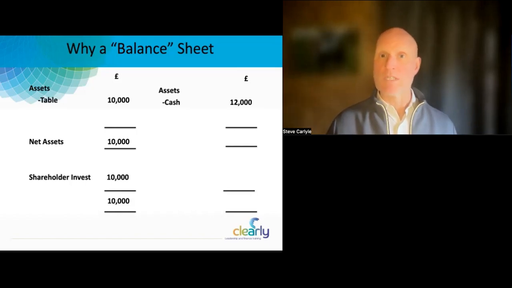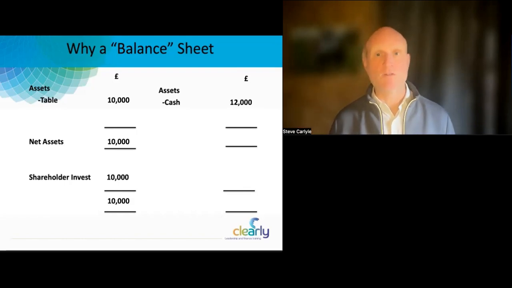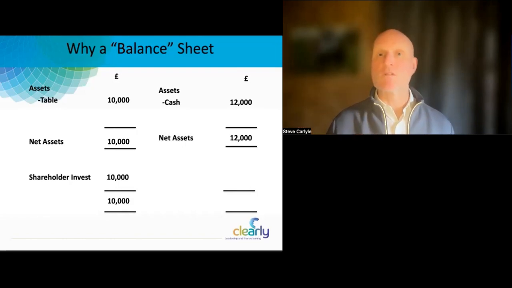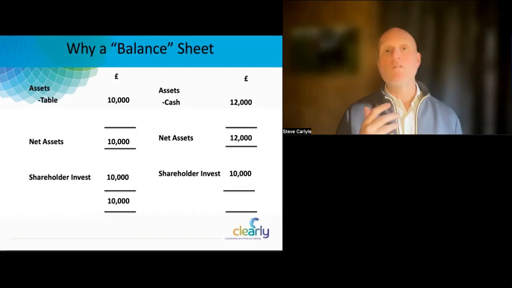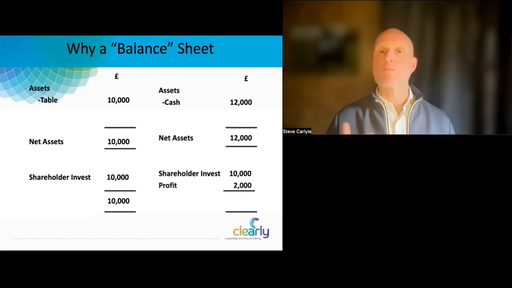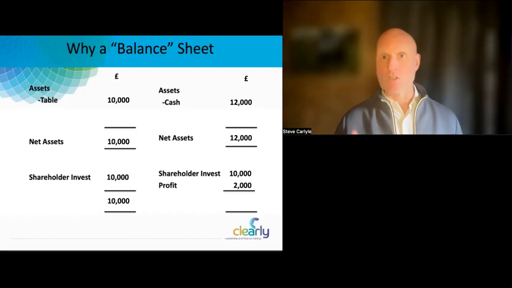So swapped a table of 10,000 for cash of 12,000. So at the top, we've got £12,000 of net assets. And at the bottom, we've got the original shareholders' investment of 10, and we've made a £2,000 profit. So we show the profit down there, and that profit belongs to the shareholders as well.